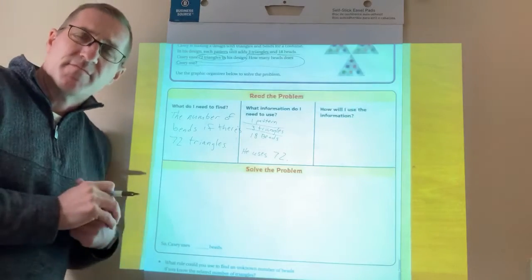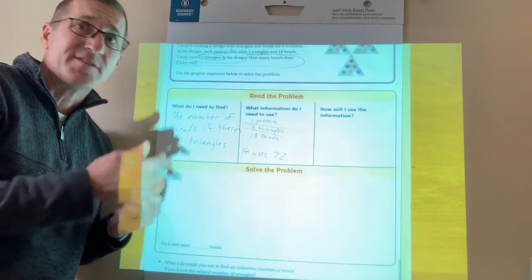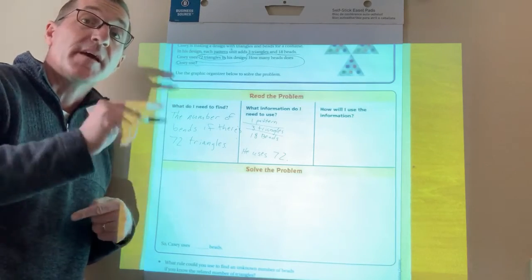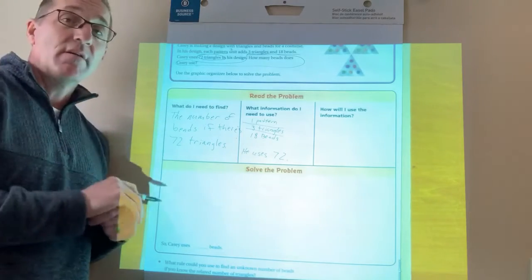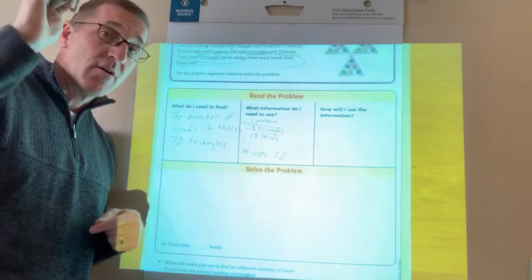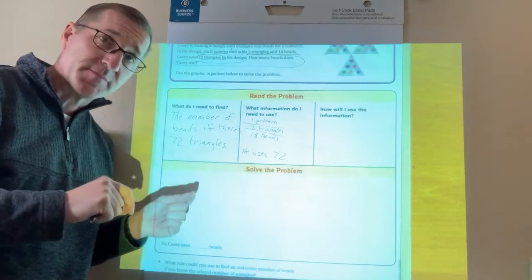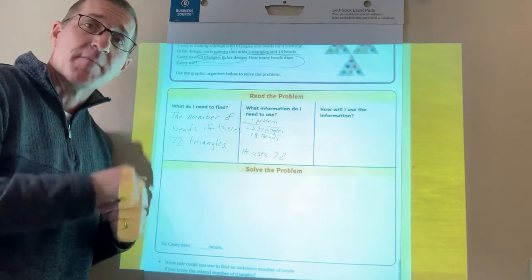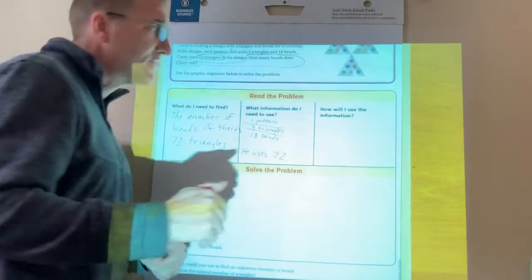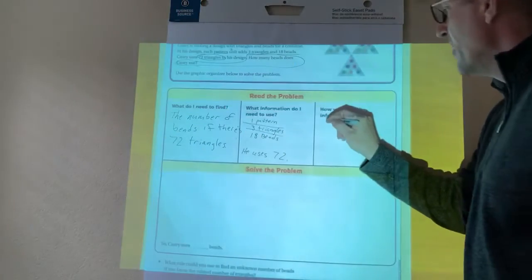All right? How am I going to use the information? What are we going to do? Pause and think about that for a second. What do we do with all this information? Make a table, and then I will find a rule, and I will use that rule, which is either going to be multiply or divide, to find my missing number. Does that make sense? So I will make a table.